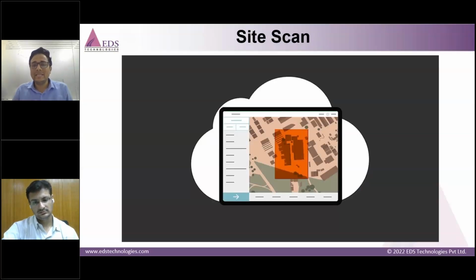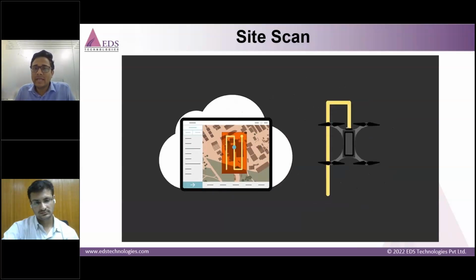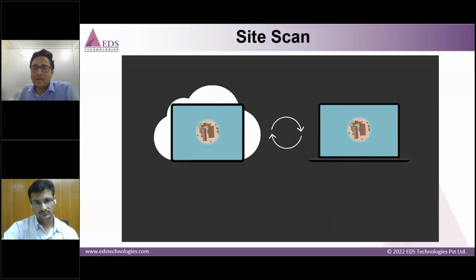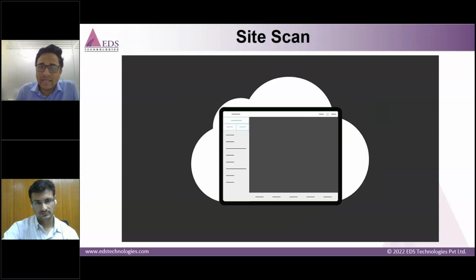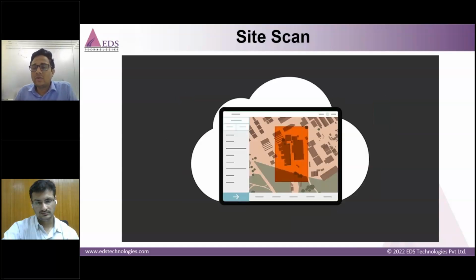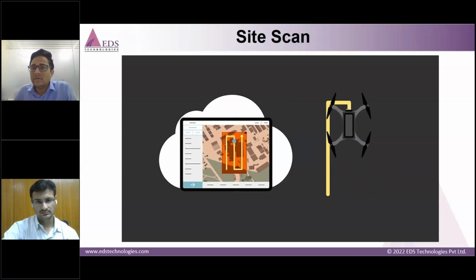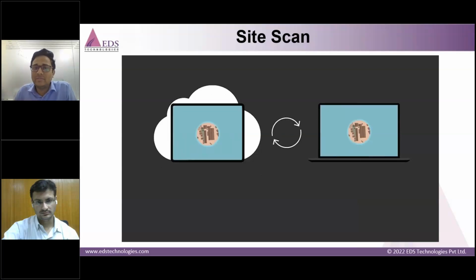Now we come to Site Scan. So Site Scan is a very unique software. It is designed for automated drone surveys. The benefit is, once you want to survey a certain part of your mines, what you need is to just link your drone with this application, and this application is cloud based, so no need to install. You just need your credentials, login ID and password, just like a Gmail ID.